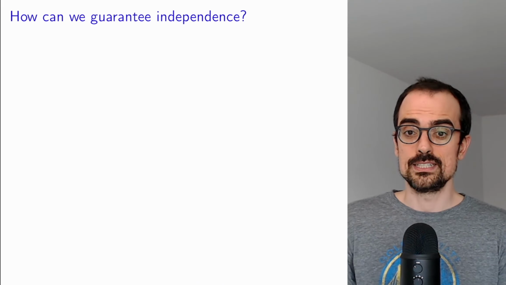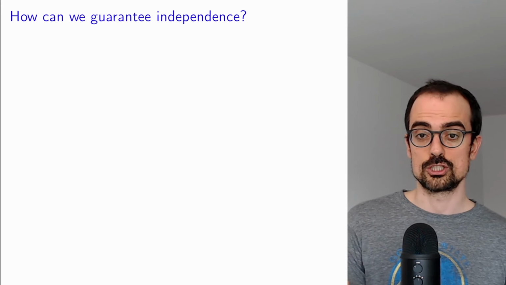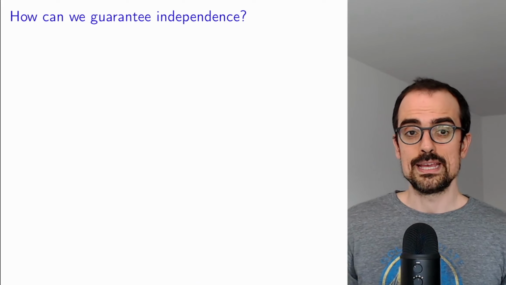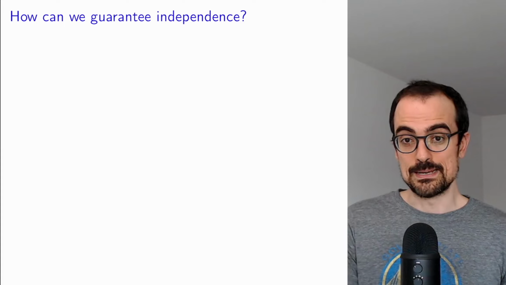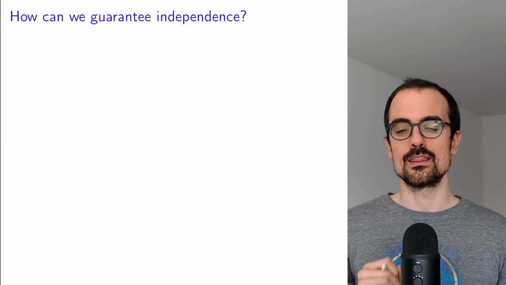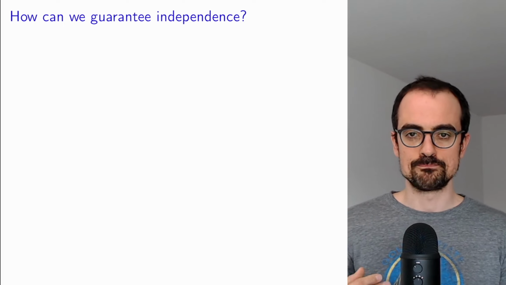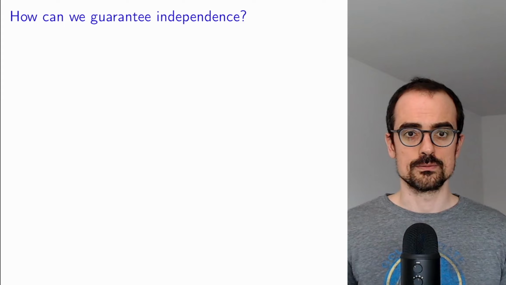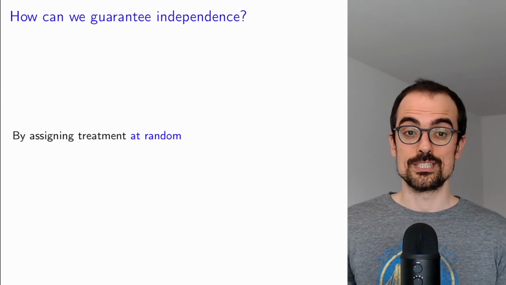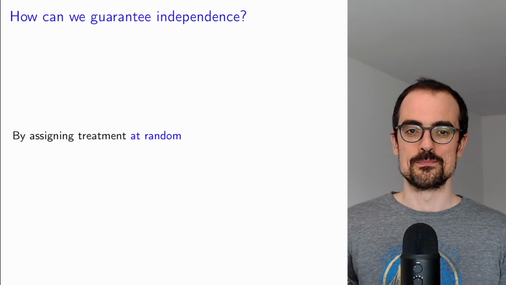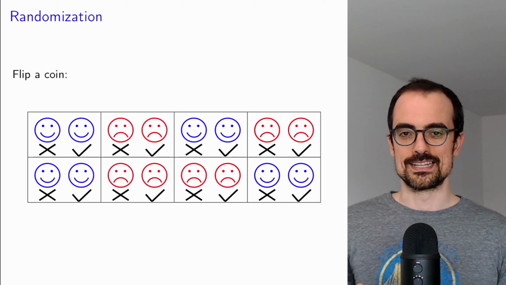So how can we guarantee independence between the treatment and the potential outcome? Well, we need to make the treatment independent from how healthy or not healthy and whatever other factors that might be different in the different patients. And a way to guarantee this is to just assign the treatment at random. It's as simple as that.